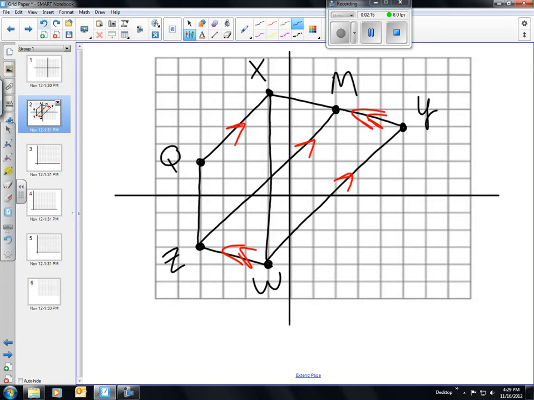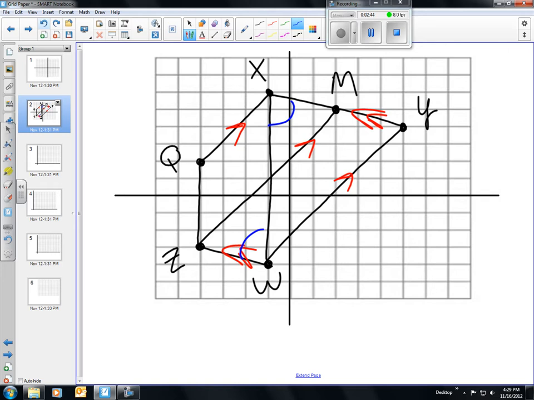Then you could say that the angles here and here are congruent, also based on alternate interior angles. And I believe that's it for this diagram. Nope, I take that back. You could also say this angle and this angle are congruent, also based on alternate interior angles theorem.